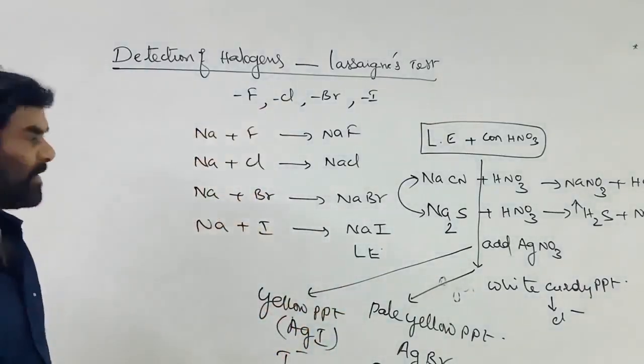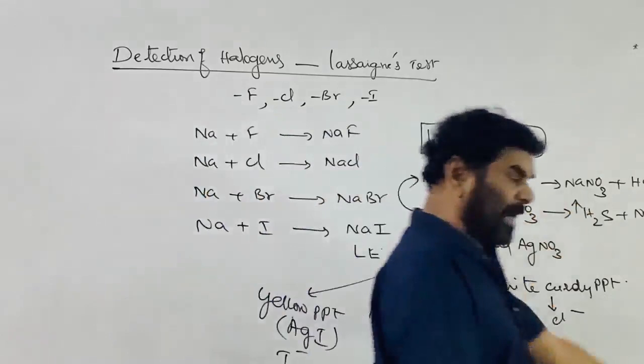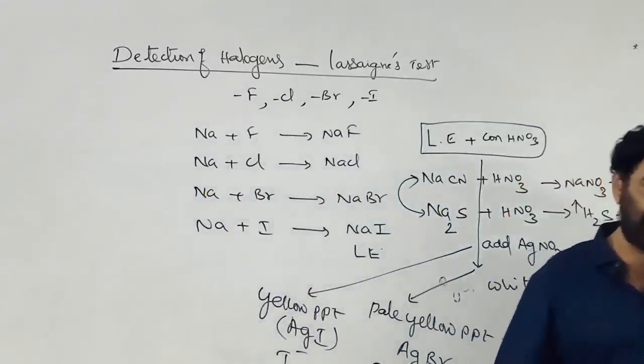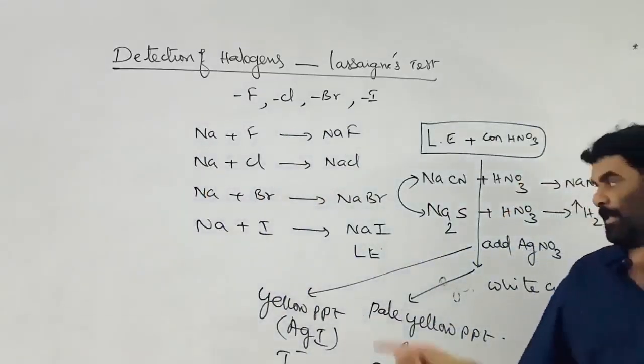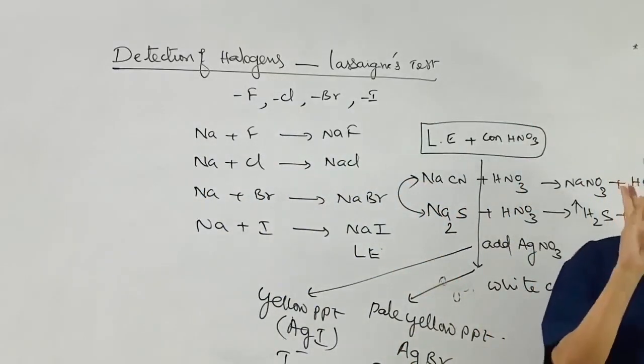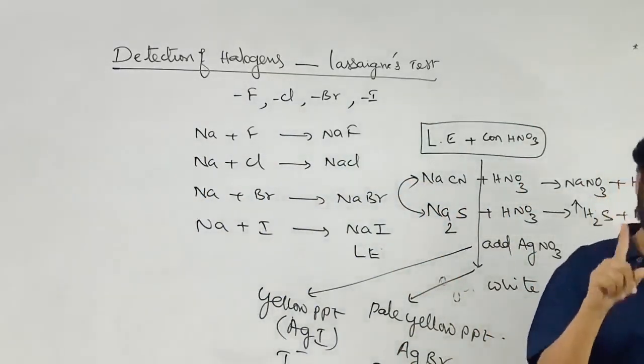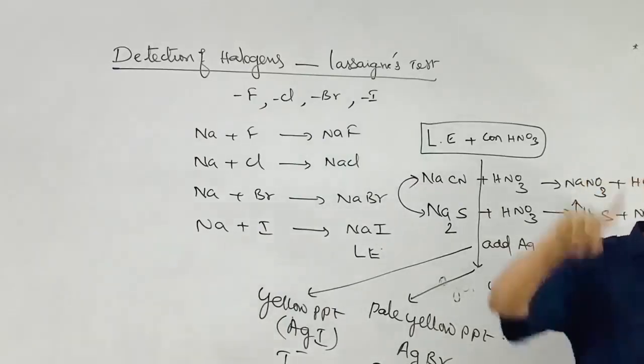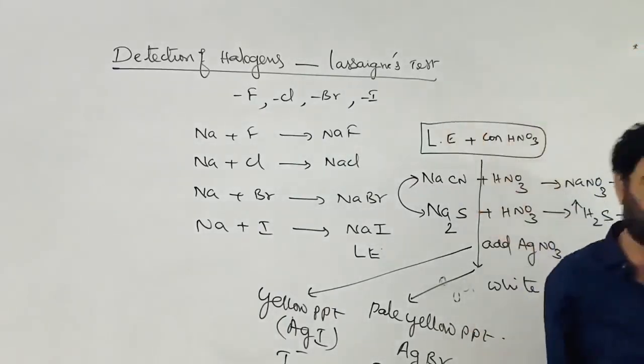To the Lassaigne's extract, add a few drops of concentrated HNO3, then add silver nitrate solution. A white curdy precipitate is silver chloride, so chlorine is present in the original organic compound.